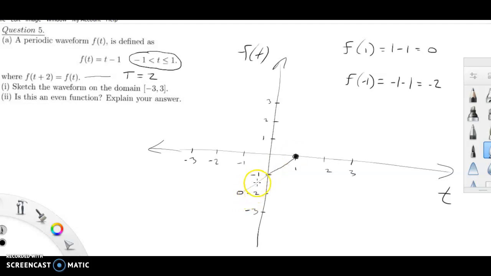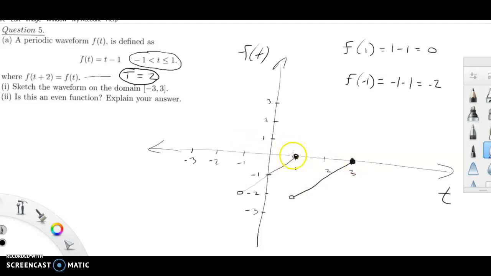Like that. Now, we need to draw this between minus 3 and plus 3. You see the period big T is 2. So 2 hops further on, we'll have the exact same pattern here. One hop gets us to 0 on our x-axis, and then we get to 1 here. We have a hollow dot here, and we join them by a straight line.